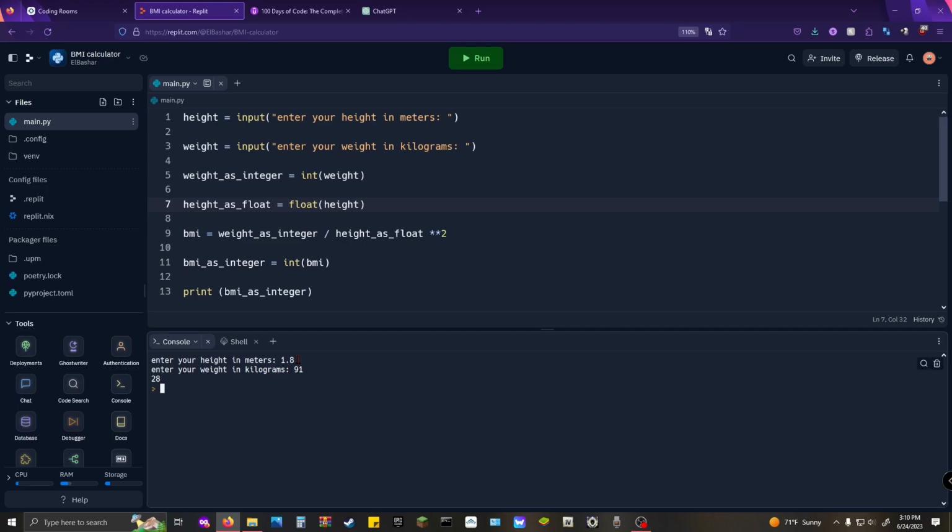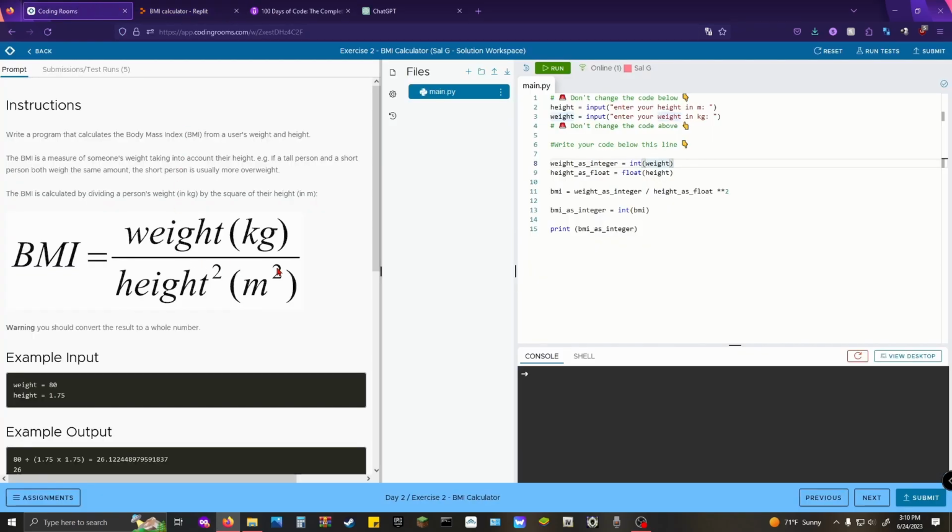So what exactly is happening? How did this become this? How did this spit out that? Let's go back to the coding room right here and see what BMI is. This is the equation that we are provided with. BMI equals weight, equals this thing right here.